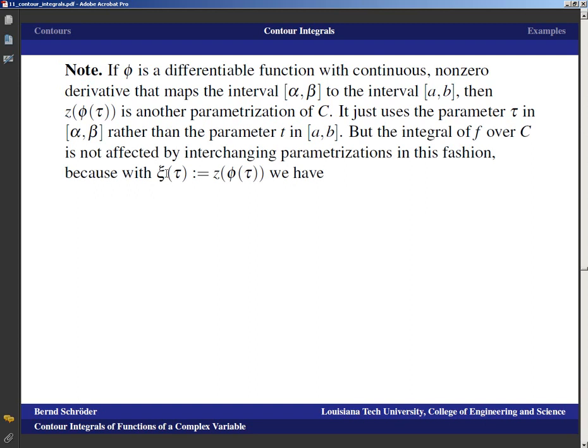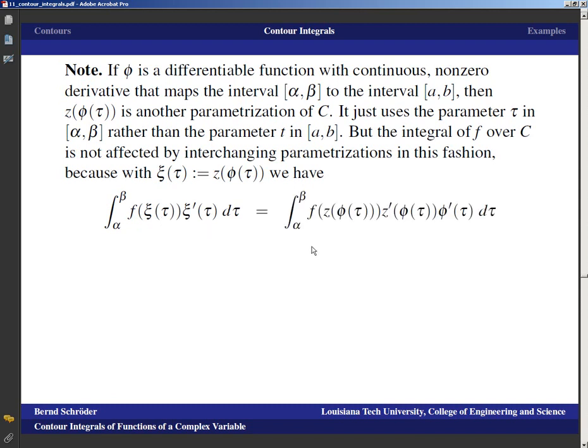That's because if we set xi of tau equal to z of phi of tau, which is the first time we see the Greek letter xi, then the integral from alpha to beta of f of xi of tau, xi prime of tau d tau is the integral of f of z of phi of tau, because that's what xi is, times z prime of phi times phi prime, because xi prime is z prime of phi times phi prime.